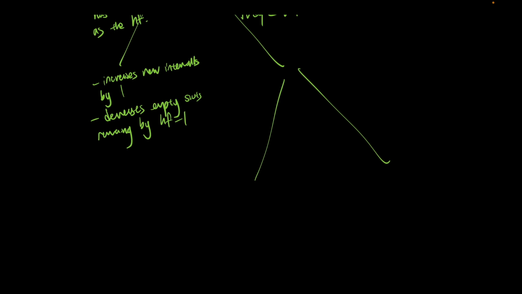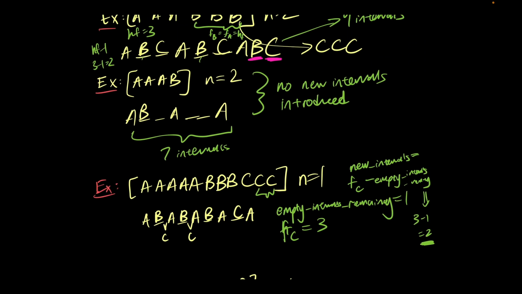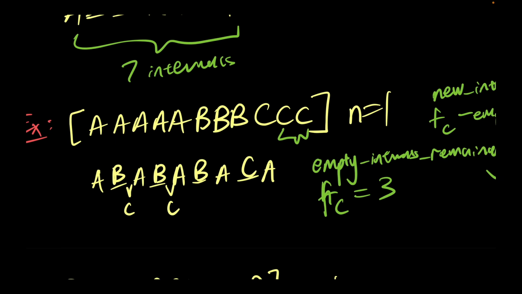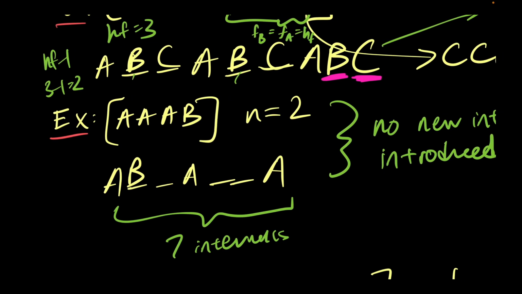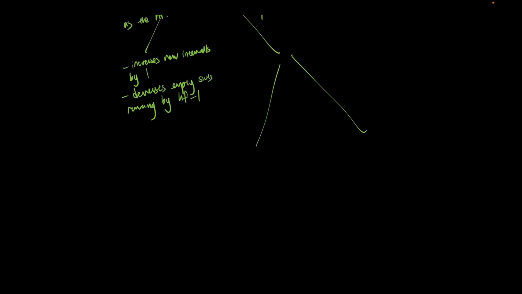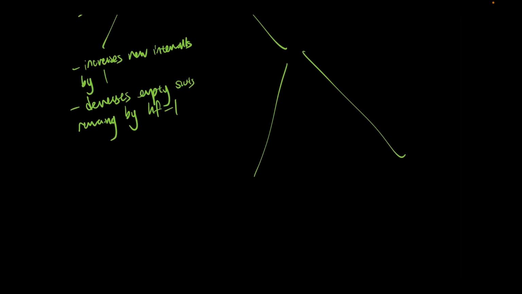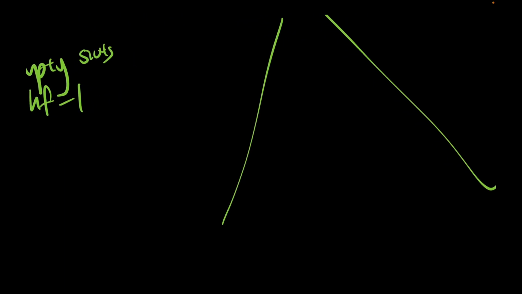So, like before, we saw that in this example, we simply just fill in an empty space, no new intervals added with that B, right? No new intervals added, we just decrease the... so let's say there's two cases.